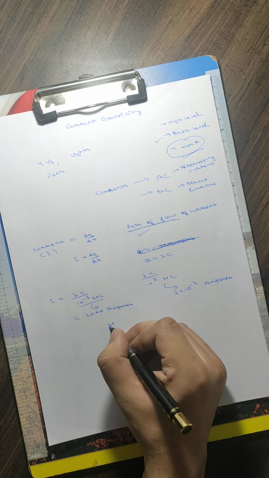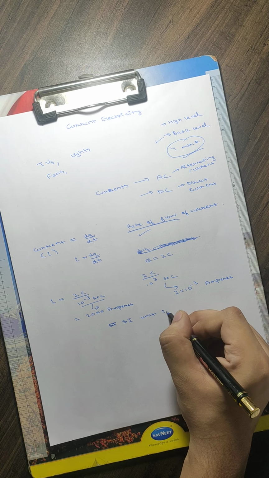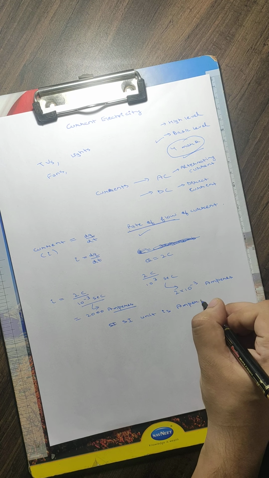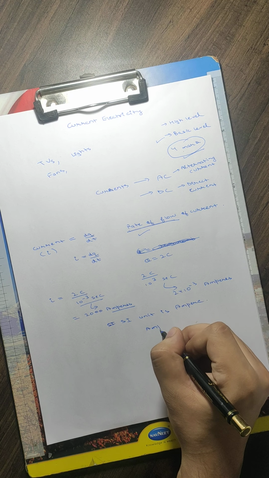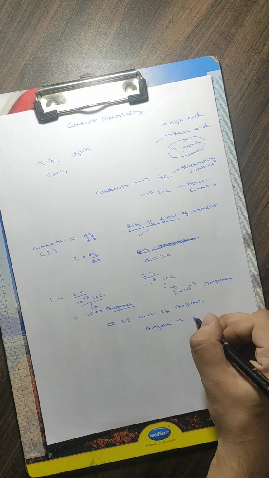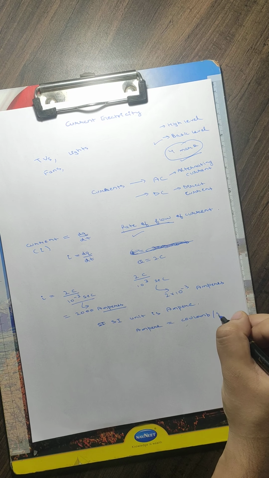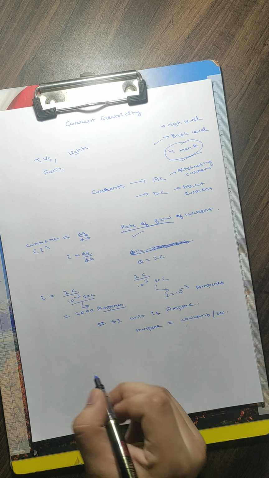Let's talk about the SI unit. SI unit is ampere. All of you must have noted it. And ampere is equal to coulomb per second. And there is one more thing.